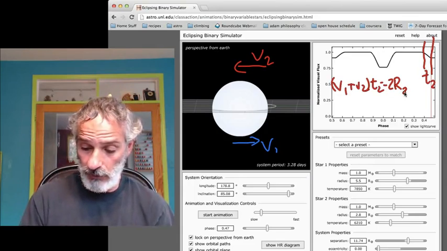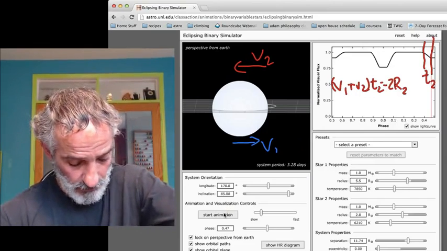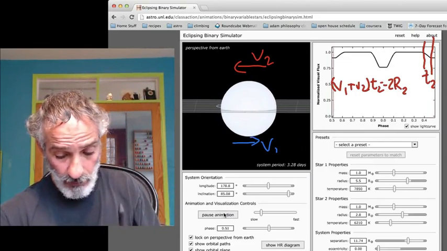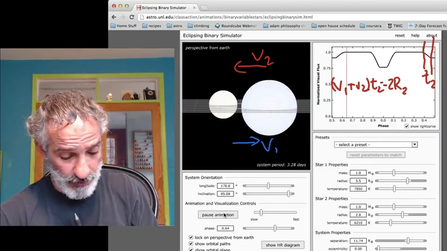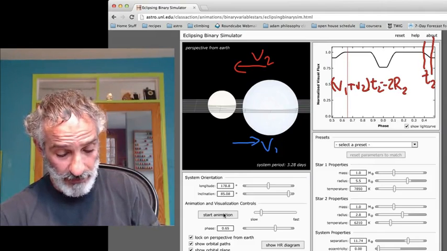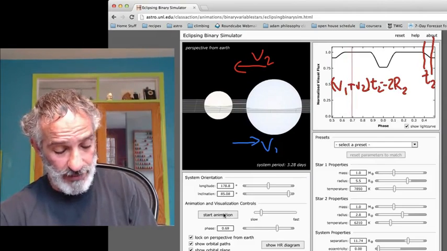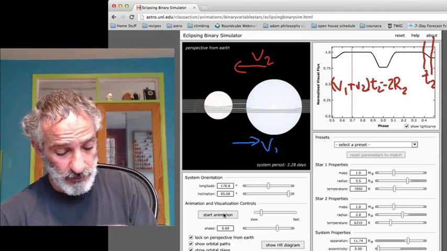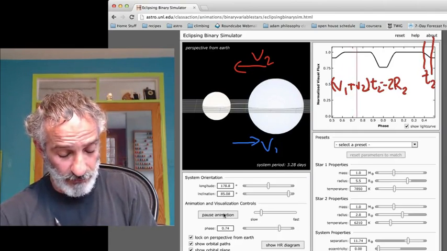And of course, if I let the animation run a little bit more, we can see that when the red star reemerges, I now have a measurement of the combined intensity again, and about this point I get maximal blue shift on the red star's spectral lines, maximum red shift on the blue star's spectral lines.